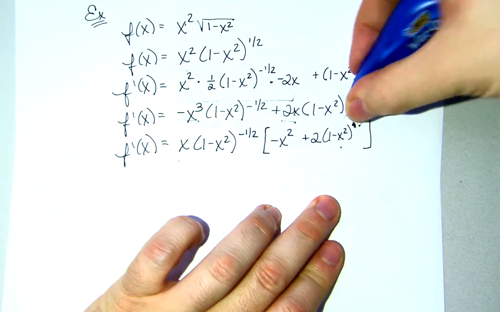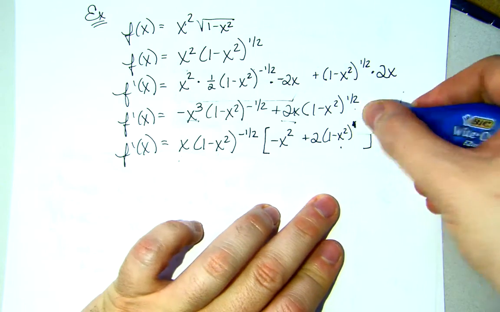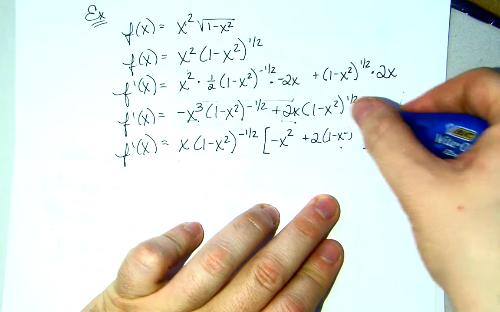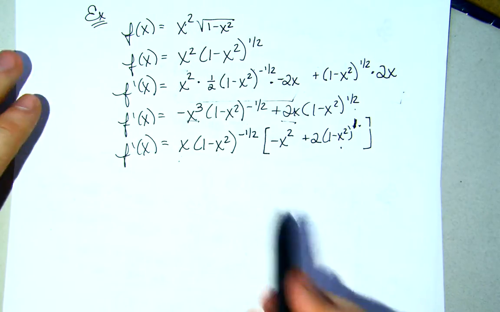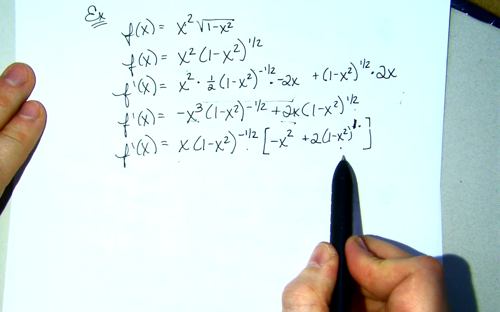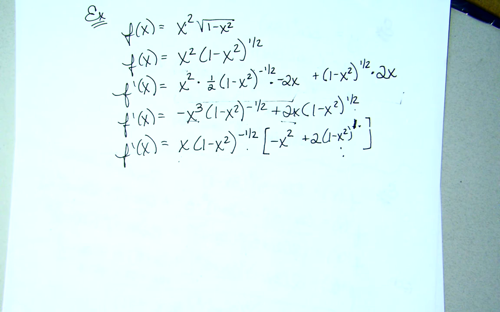Your power is actually just going to be 1. Why? This thing to the negative 1/2 times this thing to the first: negative 1/2 plus 1 gives you positive 1/2, what I wanted there. See if you can finish it. Clean up the rest. We've taken care of the ugly parts.